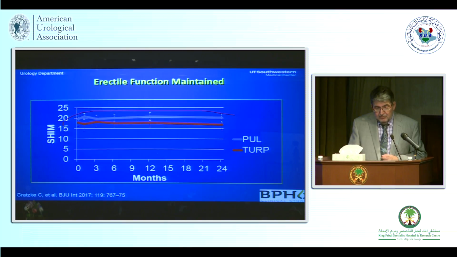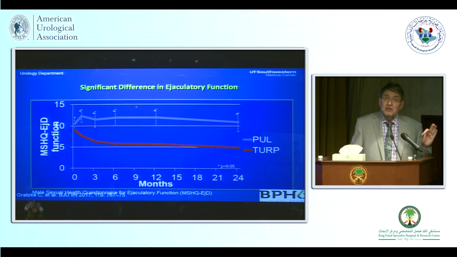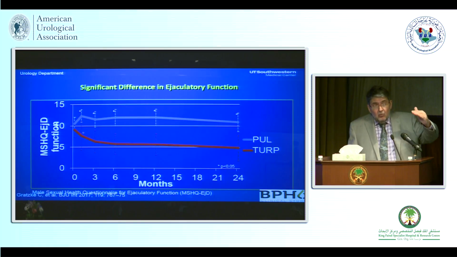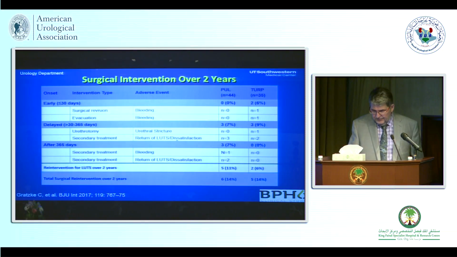Erection function was maintained in both groups, no problem there, but ejaculatory function, a big difference, just like in the water ablation treatment: a decrease in the TURP and maintenance in the UroLift group. Ejaculatory function is sort of the battleground of these treatments nowadays.